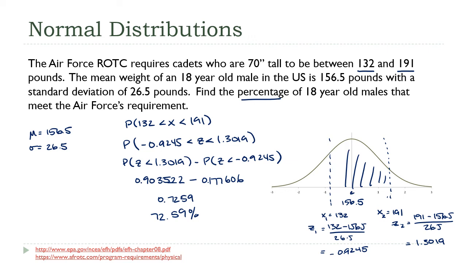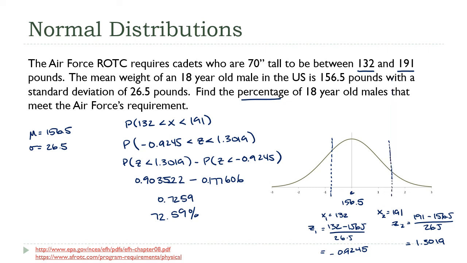So let's go back here and take a look at this for just a second. And let's see if I can make my drawing a little more precise. The negative z-score was negative 0.9245. So that is not quite a whole standard deviation below the mean. The positive z-score was 1.3. So that was not quite 1.5, but close to it.